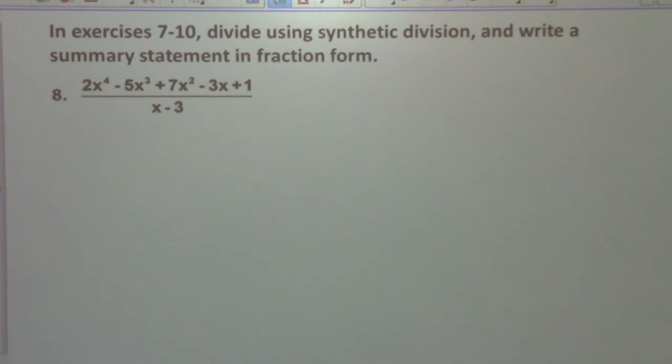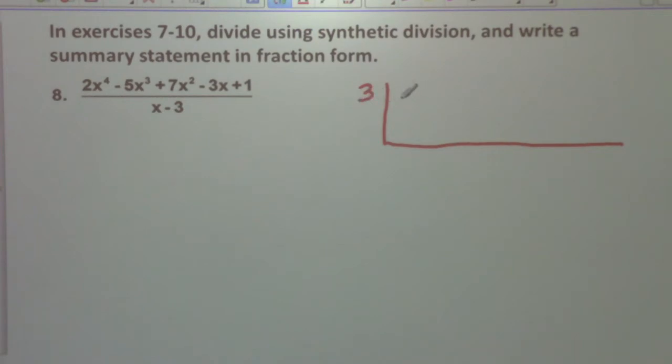Let me write this down. What's this going to be here? She's writing it down. Okay, well, that's going to be positive 3 on the outside.